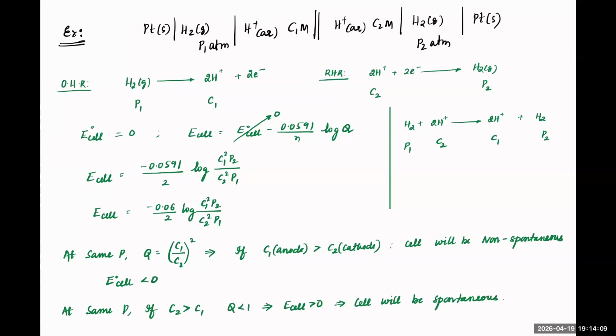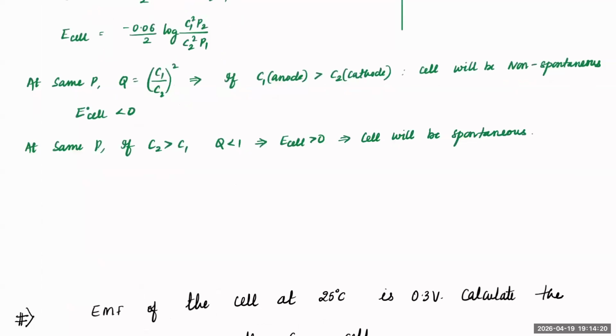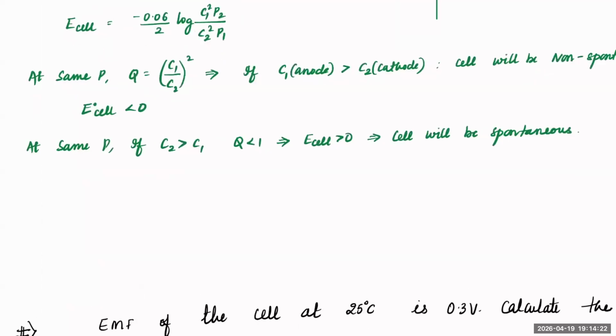So in short, a concentration cell is a cell where we have the same electrodes but maintained at different concentrations or different pressures. The same logic we can apply for pressures also.